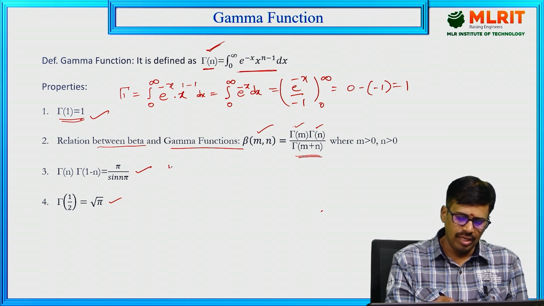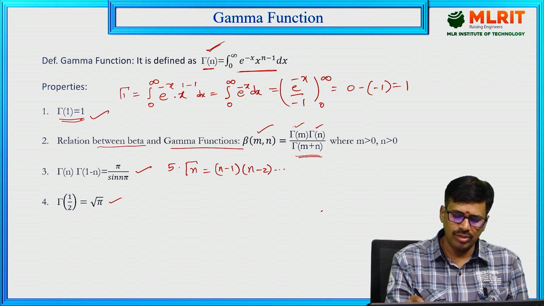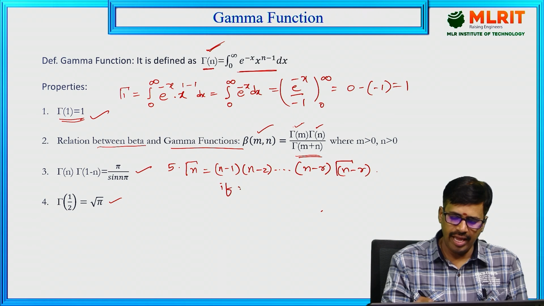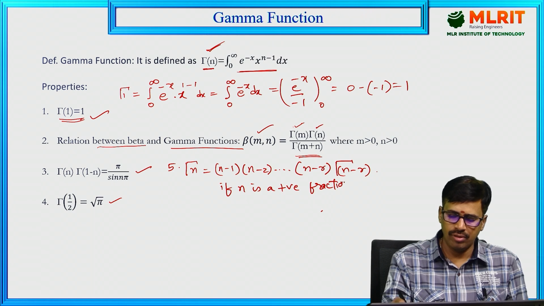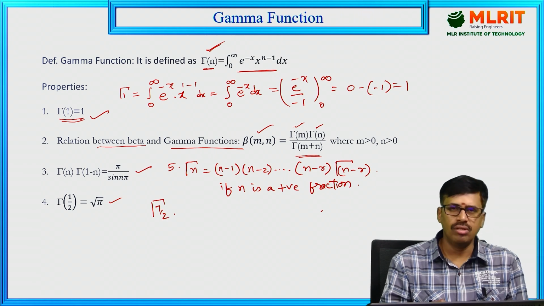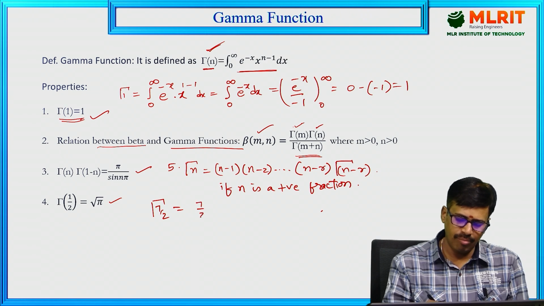Next, if n is a positive fraction, gamma of n can be written as n minus 1 into n minus 2 and so on, into n minus r, into gamma of n minus r. For example, if I want to find gamma of 7 by 2, 7 by 2 is a positive fraction, so this can be written as 7 by 2 minus 1 into 7 by 2 minus 2.